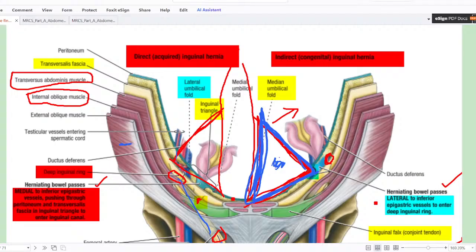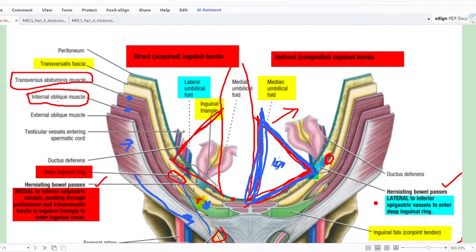This is the external oblique muscle, and when they are coming to the center, it becomes aponeurosis. Then we have the second layer, internal oblique muscle, and medially its aponeurosis. Then transversus abdominis muscle, medially its aponeurosis.